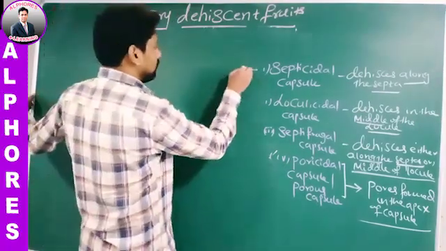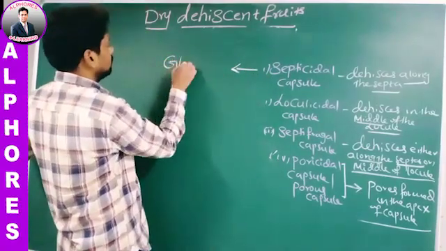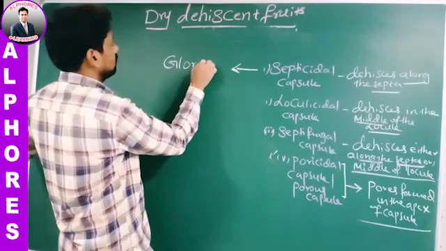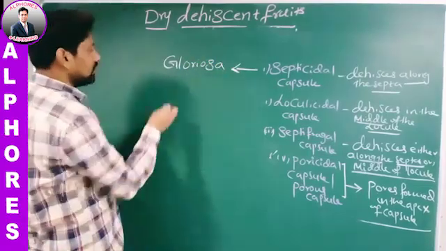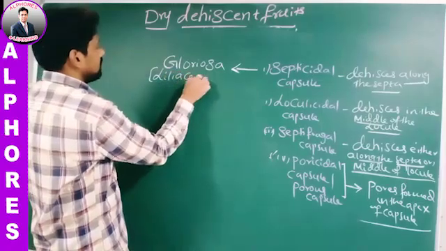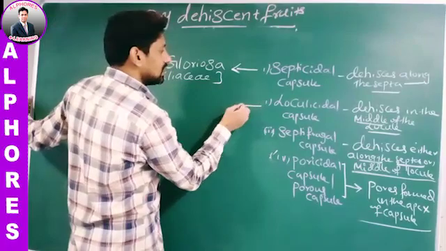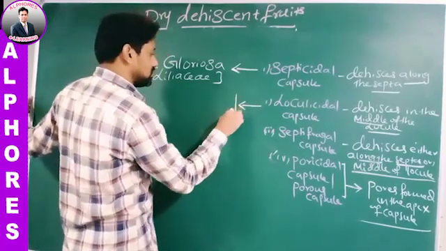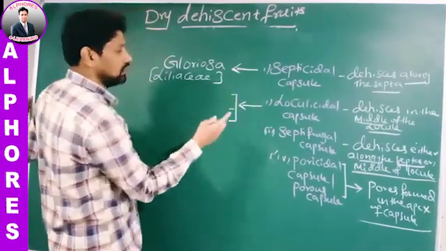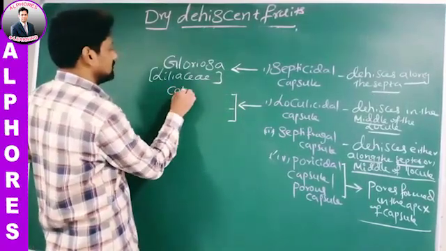Septicidal capsule. I am writing example. Gloriosa. Sir, this Gloriosa belongs to Liliaceae family. Sir, loculicidal capsule. For loculicidal capsule, I am writing examples. First one is cotton. What it is, sir?